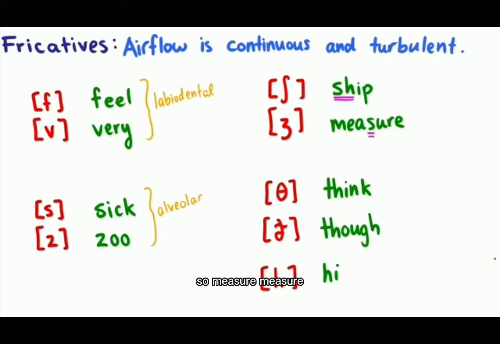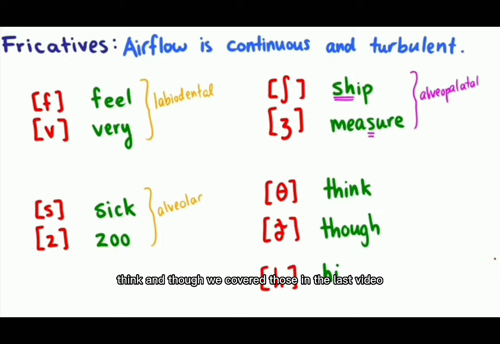"Zh", like in "measure", and these are alveolopalatal, meaning these are made just behind the alveolar ridge. So "s", "sh", "s" and "sh", "z" and "zh", "z" and "zh". You can hear the difference between them, and you can feel the difference.